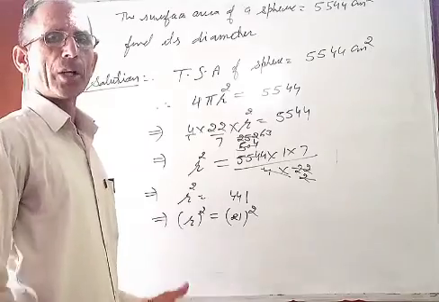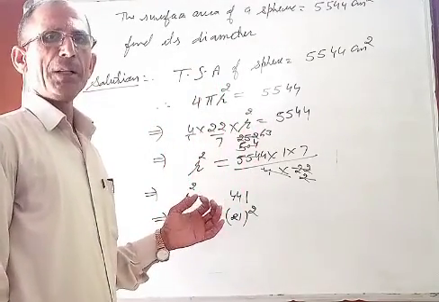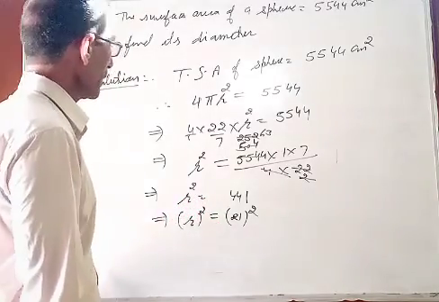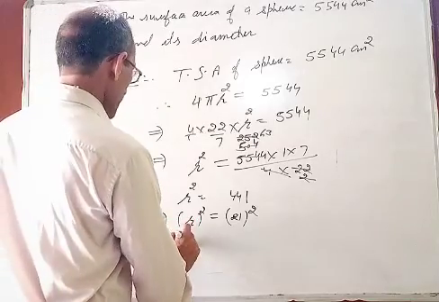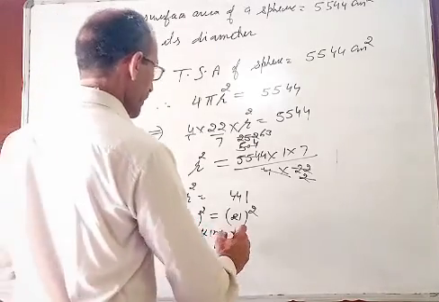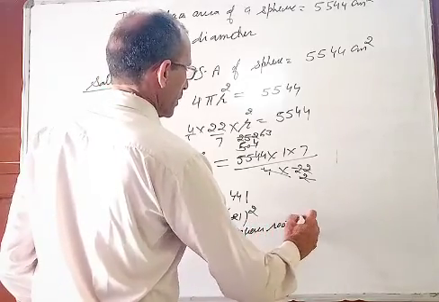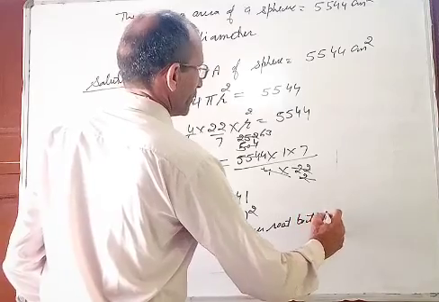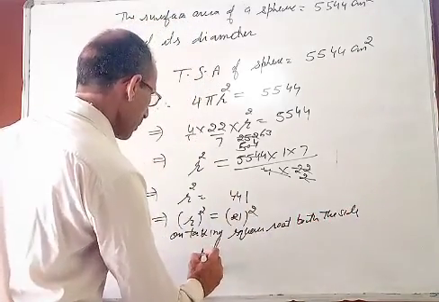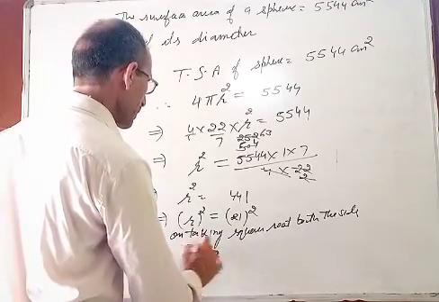You already know that if both sides have a square, to cancel the square we take the square root on both sides.